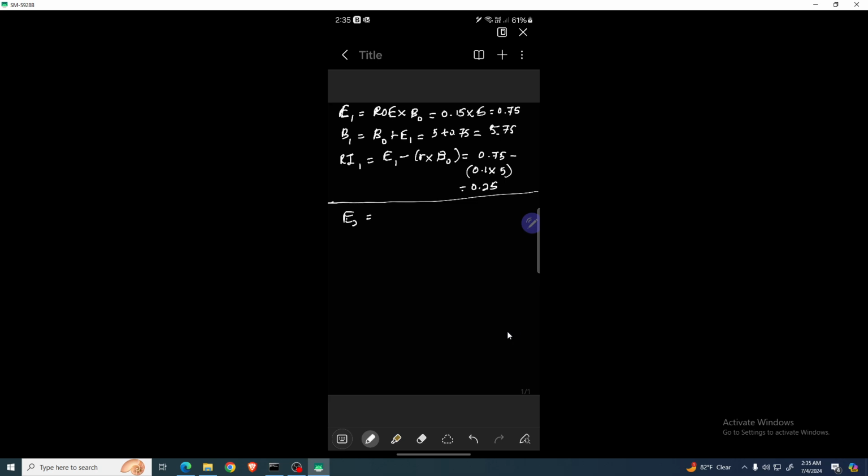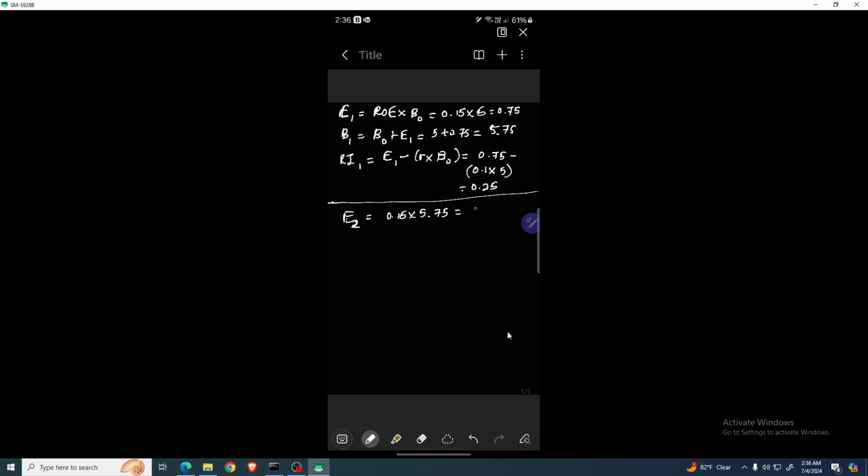And earnings in year two. Same approach is going to be used, the same formulas and same values. So in this case, it is ROE times the book value at the end of year one. So that's going to be 0.15 times the book value at year one we got, which is 5.75.